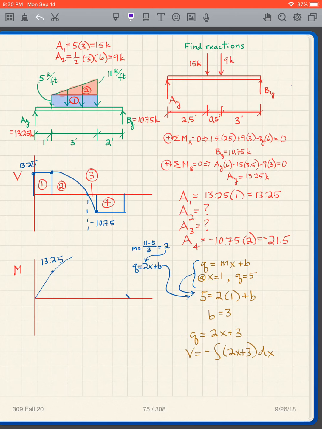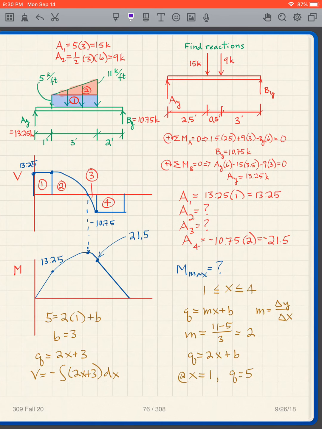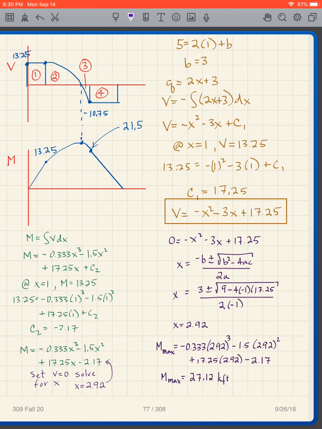I then need to integrate the negative of that to get my V. There's my 21.5 there. So, the integral for V: it's all a polynomial, so I move the negative inside, and I get V equals minus x squared minus 3x plus c1.